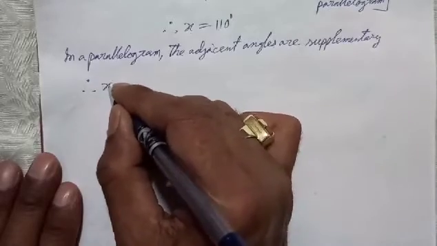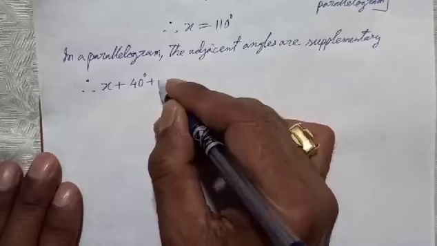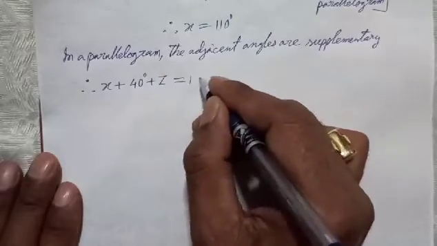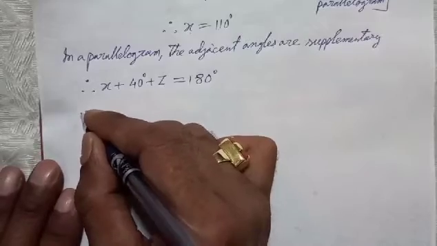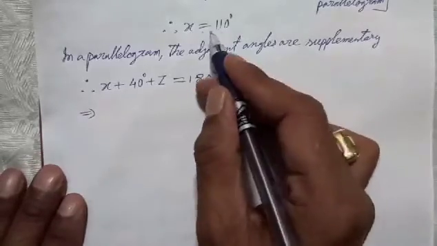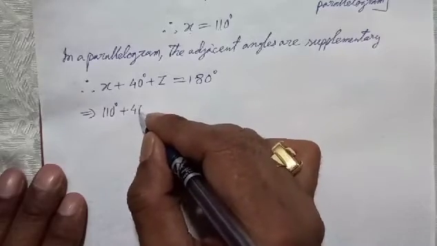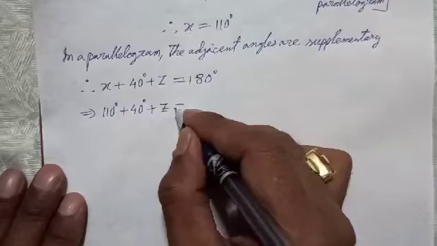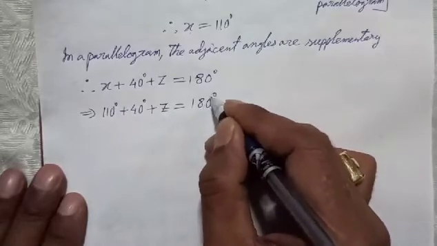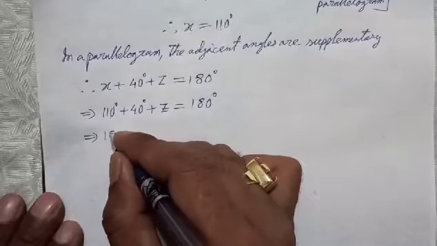Therefore, x plus 40 degree plus z is equal to supplementary angle means 180 degree. X is 110, 40 degree plus z, 180 degree. 110 plus 40 is 150 degree.